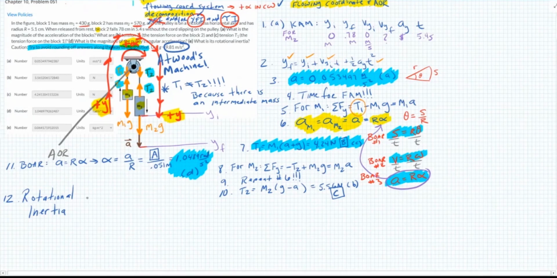Rotational inertia is designated with the letter I, and descriptively, you could say it's an object's resistance to a change in its angular velocity.